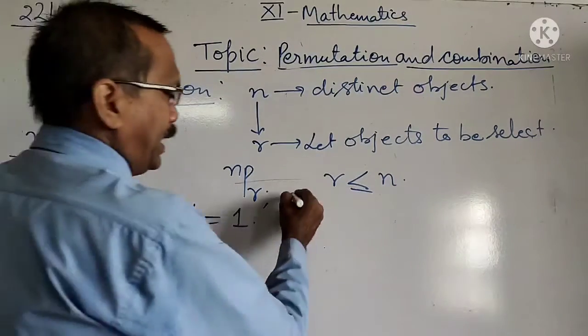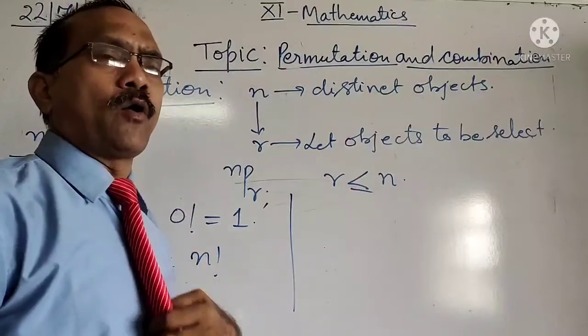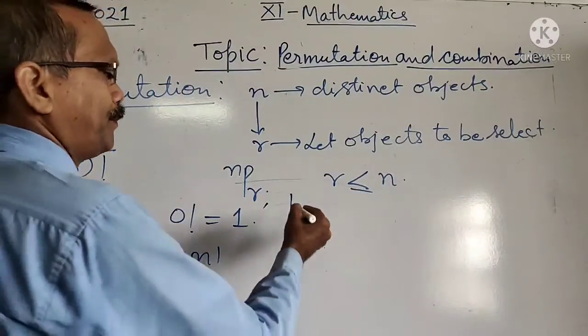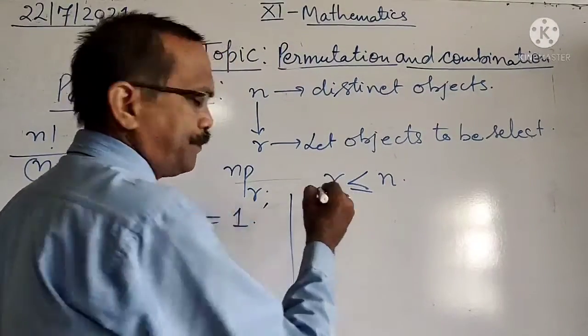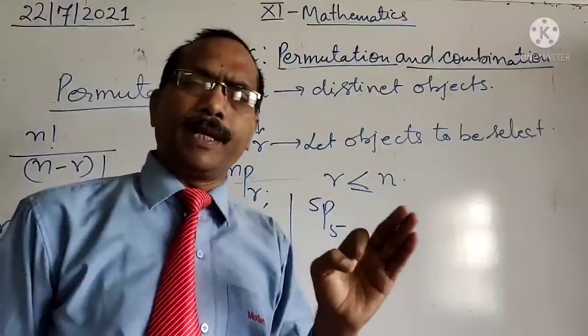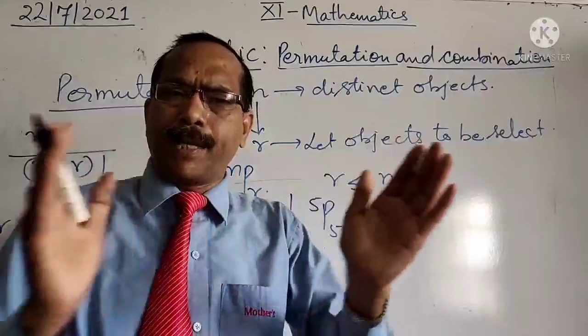So if we select 5 objects when only 5 objects are given, then it is called 5P5. 5 objects are given and we are selecting all the objects and then arranging them.